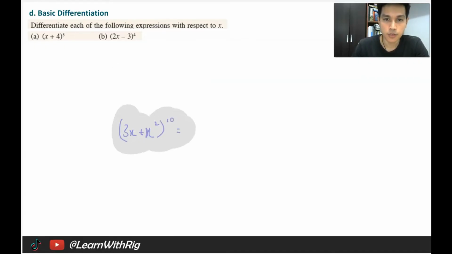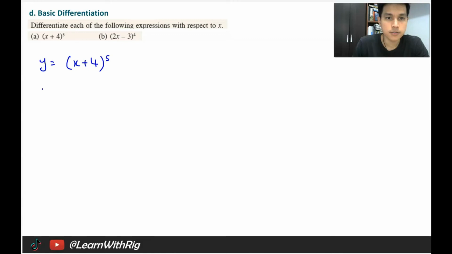So we're going to do it here as well, because you see the power here, power 5, power 4. It's going to take a while. So let's do it together. Question A: y equals x plus 4 power 5. So dy/dx equals, this 5, you multiply to the front and then minus 1.